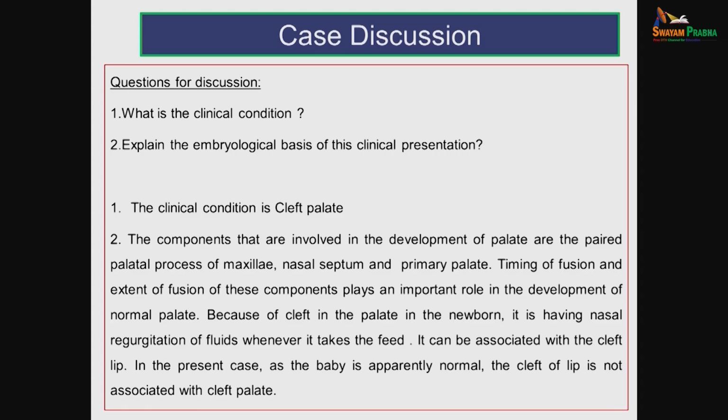The timing of fusion and extent of fusion of these components play an important role in the development of a normal palate. Because the newborn has a cleft in the palate, whenever it is taking its feed, there is nasal regurgitation of fluid.